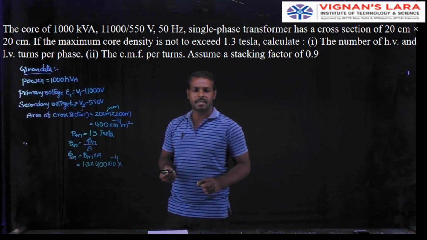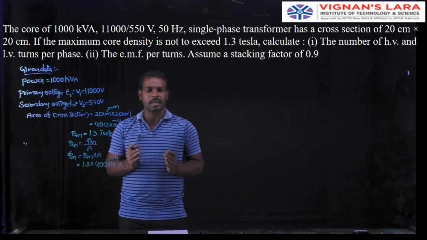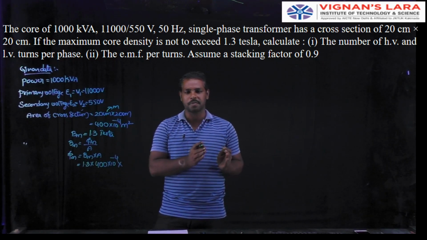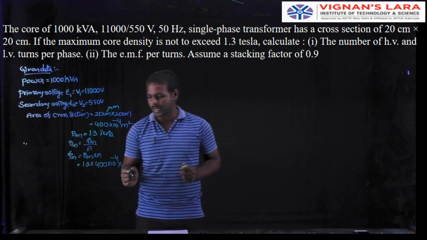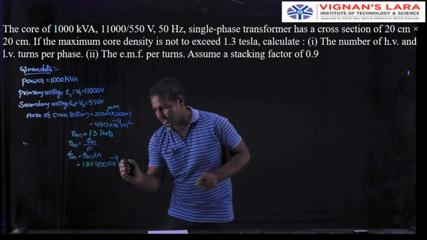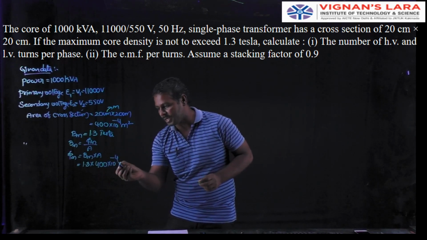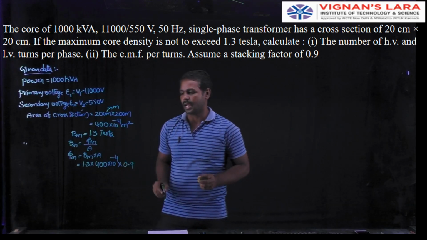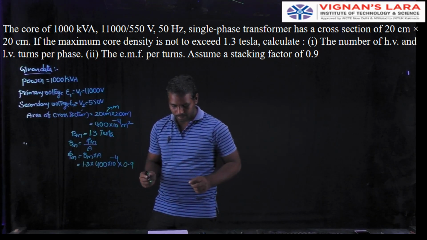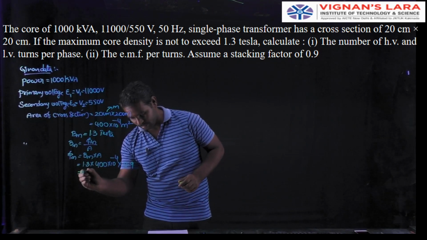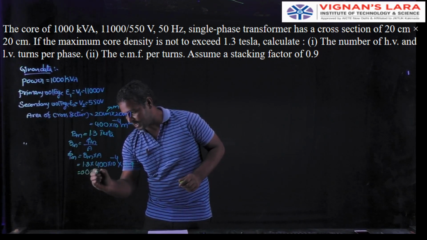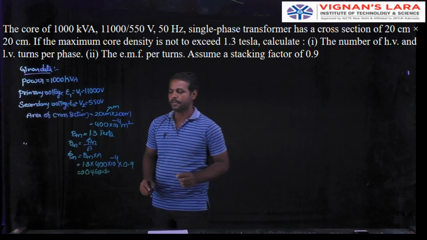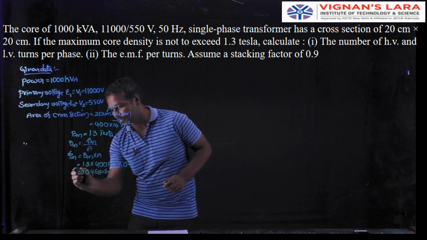Why are we considering a stacking factor? 90% of a magnetic core is utilized for the generation of flux in a transformer, so the stacking factor is 0.9. So phi m is equal to 0.0468 Webers.